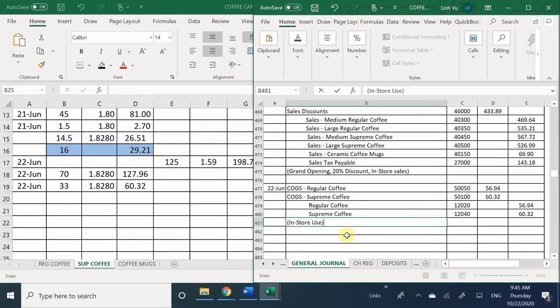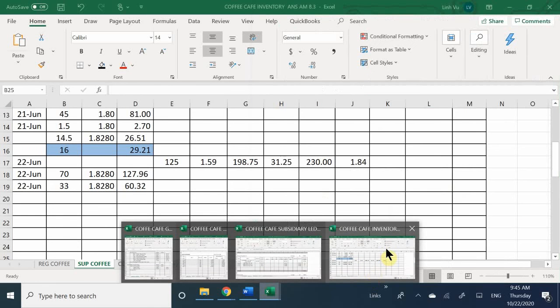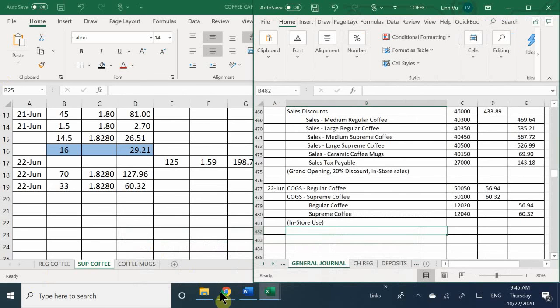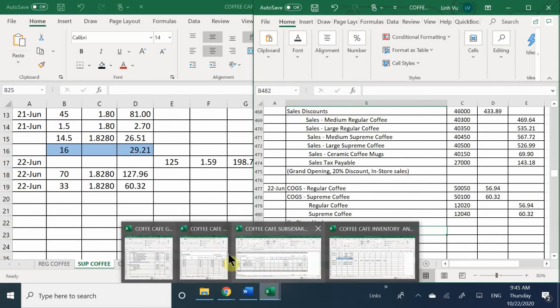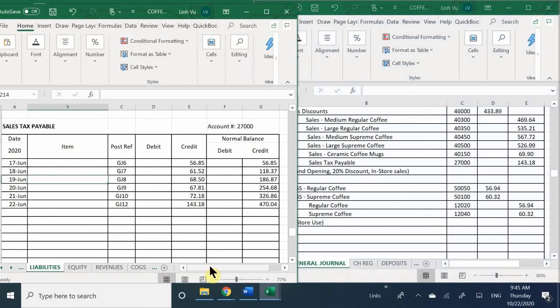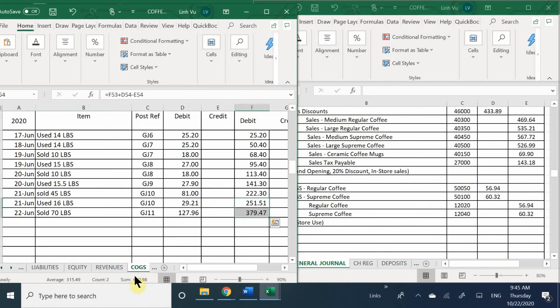Good. Okay, so now where do you want to go? To the ledger. Yes. Remember, journal, then ledger. Okay, step 3 and step 4. So where do you want to go? COGS. Okay, COGS, to the regular coffee.